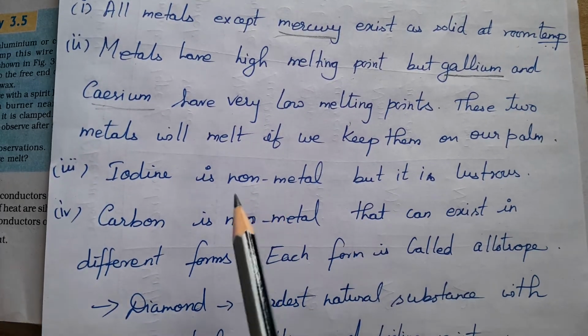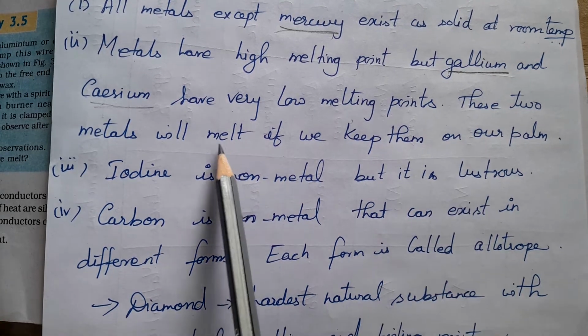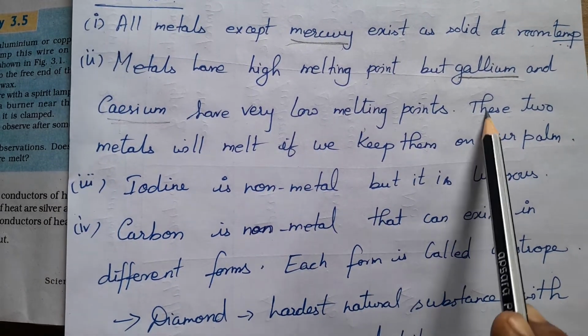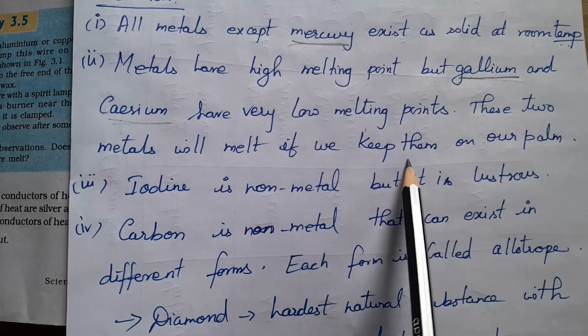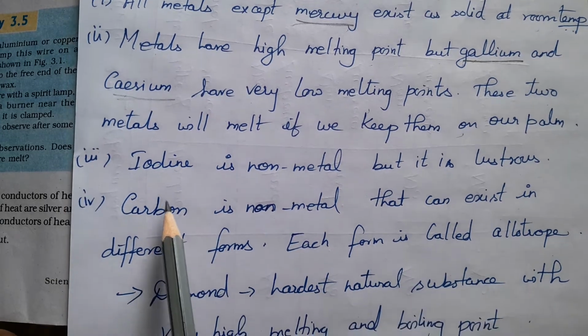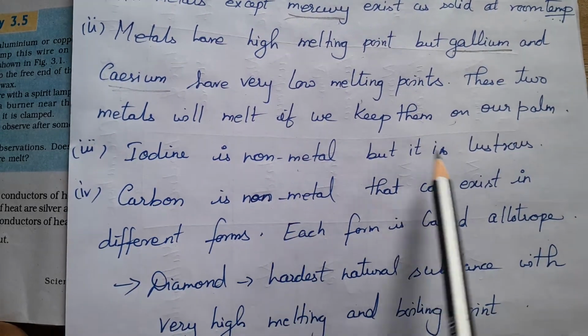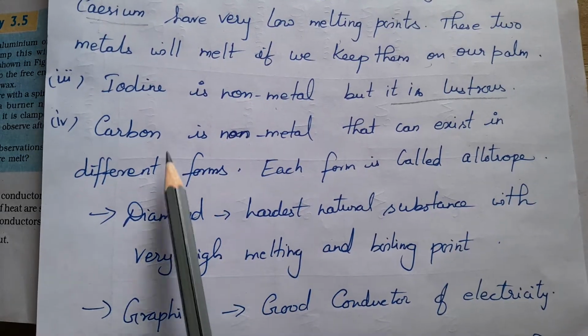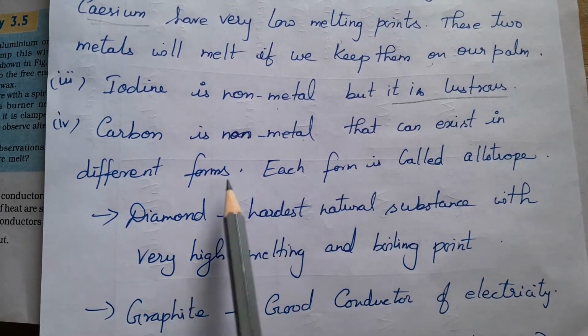How can you say that? If you hold them in your palm, they will start melting. These two metals will melt on your palm. Next, iodine is a non-metal, but it is lustrous in nature. And coming to the carbon part, carbon is a non-metal that can exist in different forms.